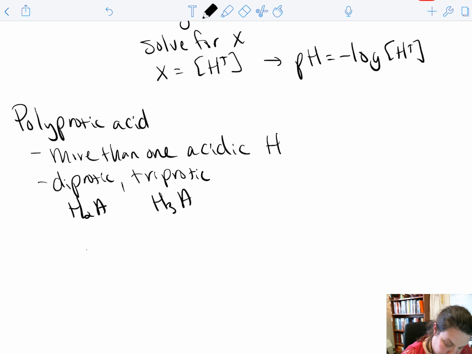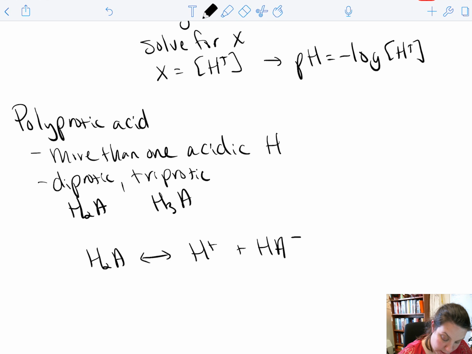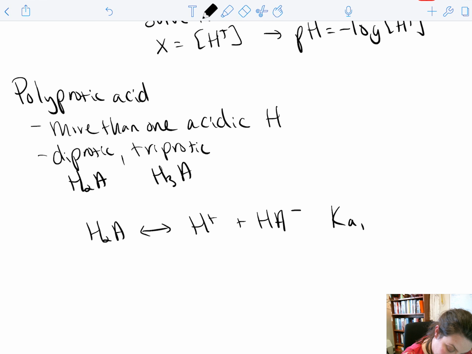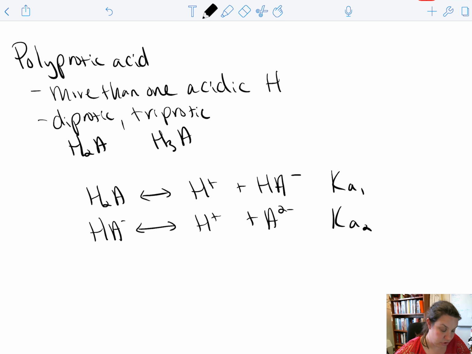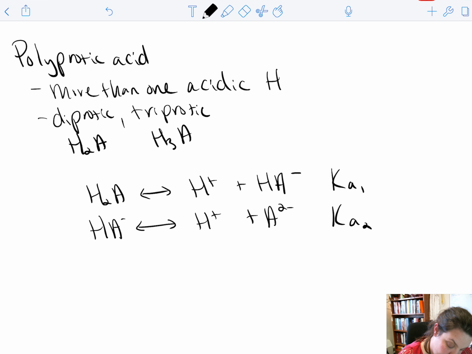And when they break down, like something like this, where we have a Ka1 with the first dissociation, and a Ka2 for the second dissociation. Generally, your Ka1 will be significantly larger than your Ka2.